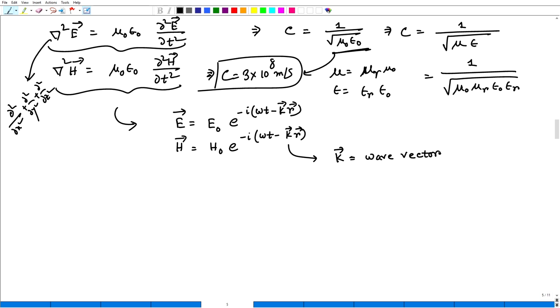We know that for any wave, any mechanical wave, the wave vector is a very crucial, characteristic thing of that wave. So, here we can write k equals kappa times n, where kappa is the magnitude of that wave vector and n is the unit vector along the direction of wave propagation.